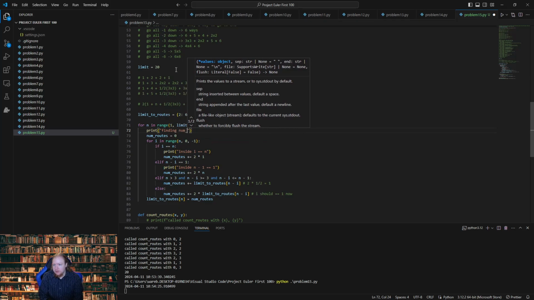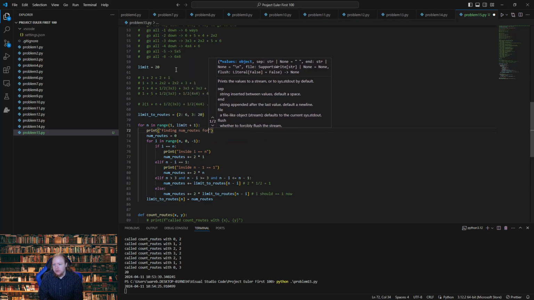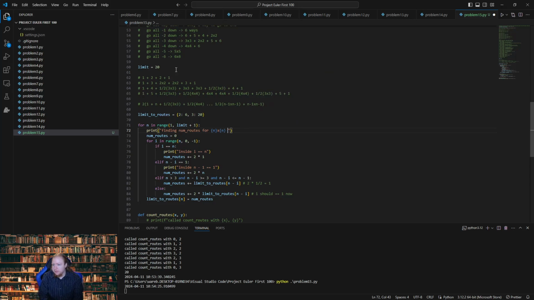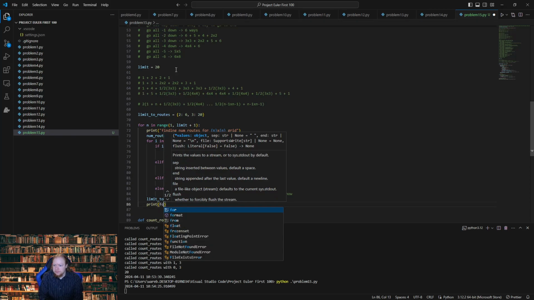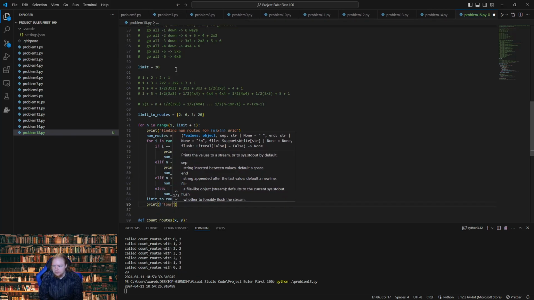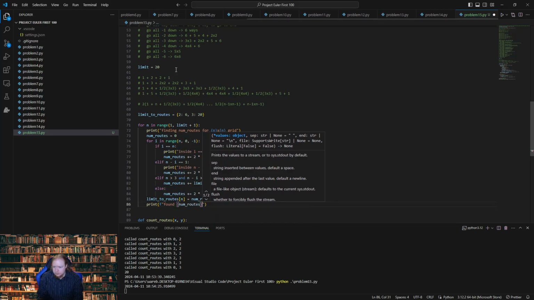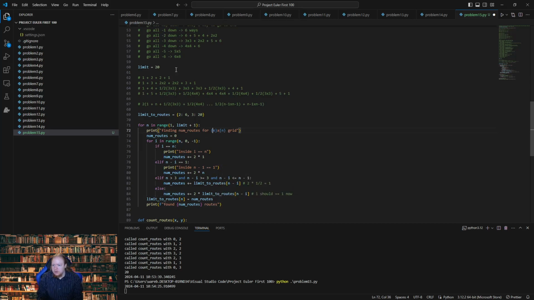Finding num roots for n by n grid. And then here I'm just going to print, and this needs to have an f on the front of it, I think.